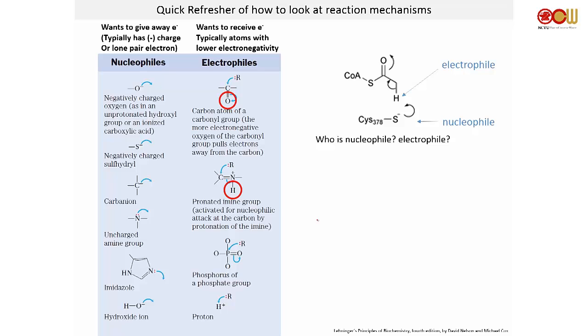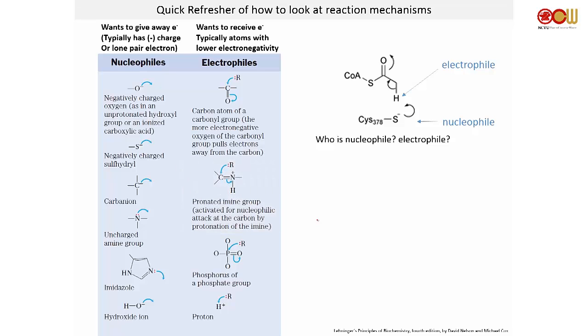Why? Both nitrogen and oxygen are electronegative. In the case of imine, usually the nitrogen has to be protonated. Because if you compare, this is more electronegative and this is less, so the electrons go that way, and then this carbon becomes partially positive, and you can have a nucleophilic attack.